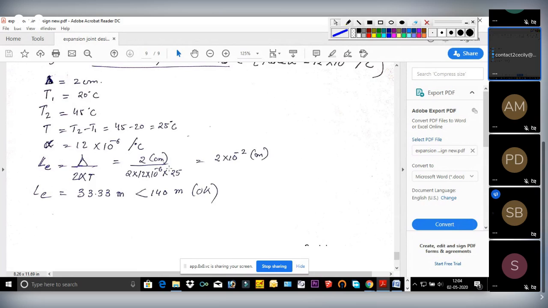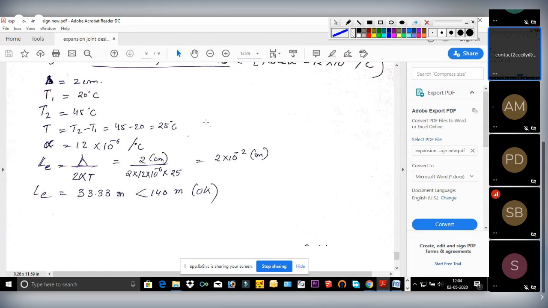Calculate how much value we are getting. 2 divided by 2 is 1, divided by 12 into 10 to the power minus 6, divided by 25. We are getting 33.33. In centimeter?